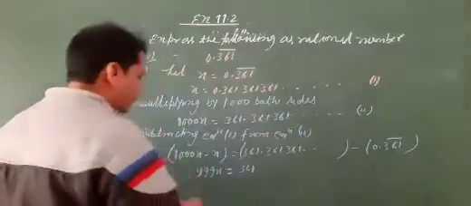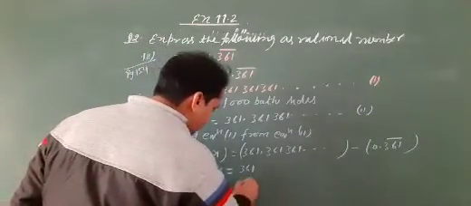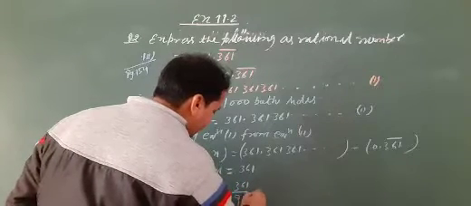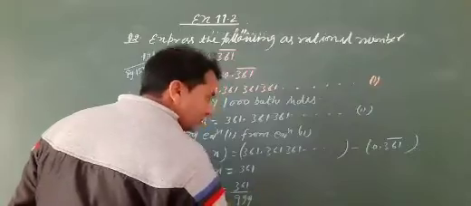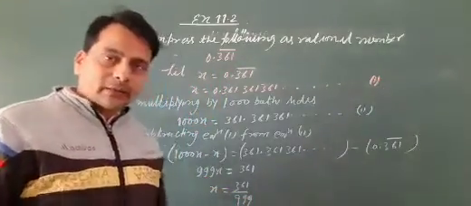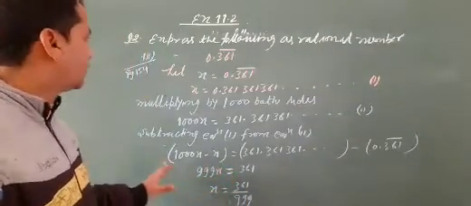Then the value of x equal to 361 by 999. So 361 by 999, this number is in the form of a rational number.